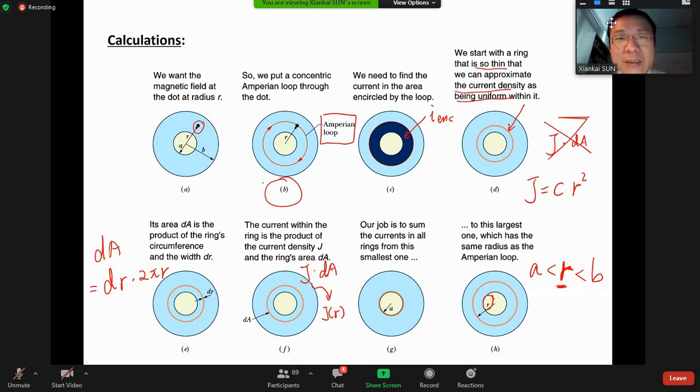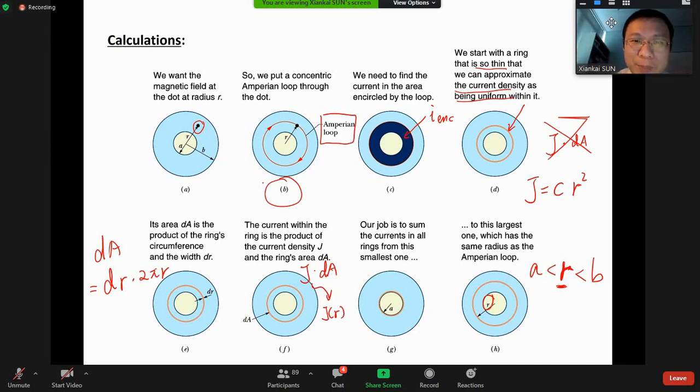The definition of the positive direction of the Amperian loop is your choice. You can define either direction, clockwise or counterclockwise, no problem. But once you choose the positive direction, everything has to go with that.